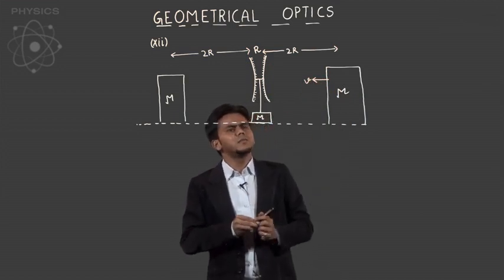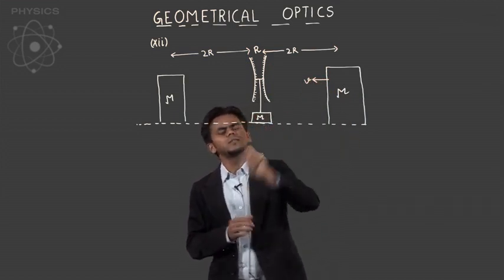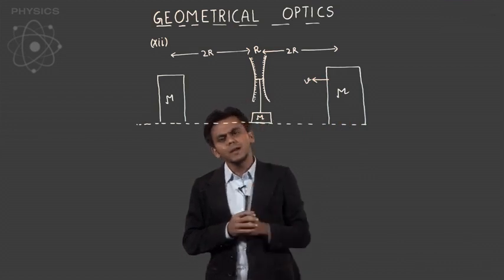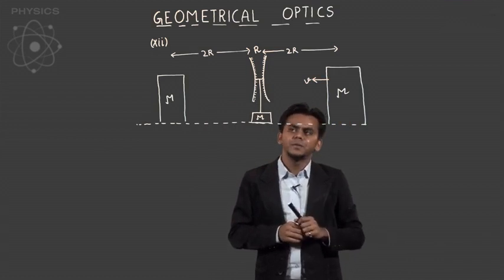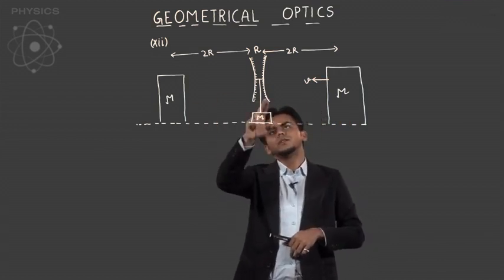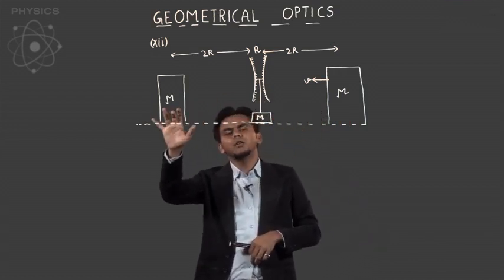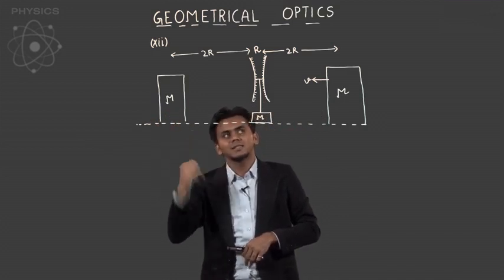When this mass gradually comes towards this arrangement, it will collide with it, and that collision is given to be elastic. After the collision, this would also move and make a collision with this, which will also be elastic.